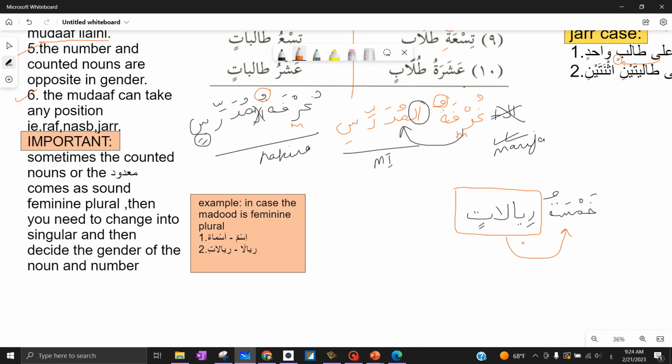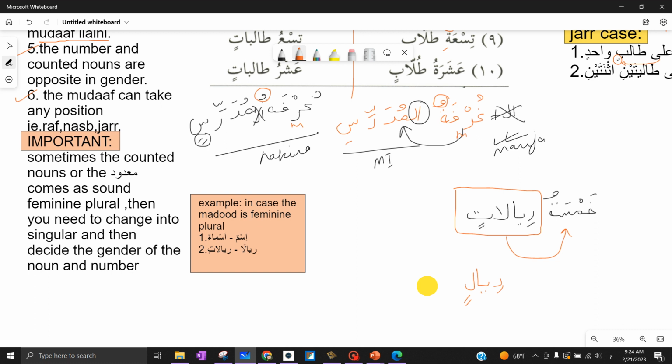In this case, always check the madud. If it is a feminine plural, convert this noun into singular. What is the singular of riyalat? It is riyal. Now you see, if you change this counted noun into singular, is it feminine?